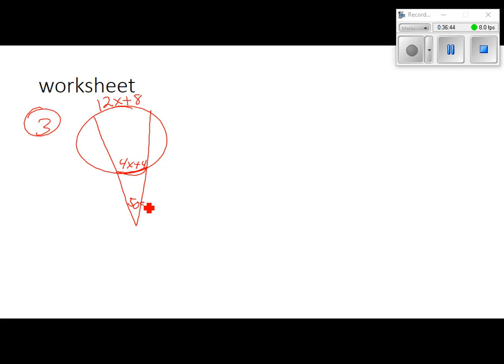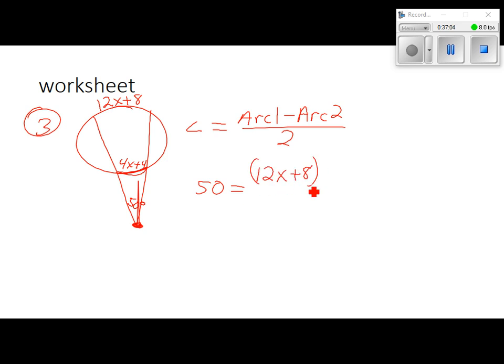So again, angle equals arc 1 minus arc 2 divided by 2, because the vertex is outside the circle. Angle this time is 50. Arc 1 is 12x plus 8 minus arc 2, which is 4x plus 4, all divided by 2.